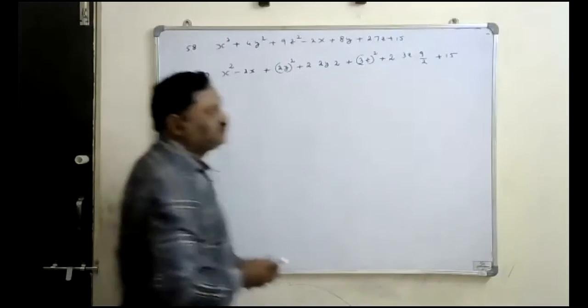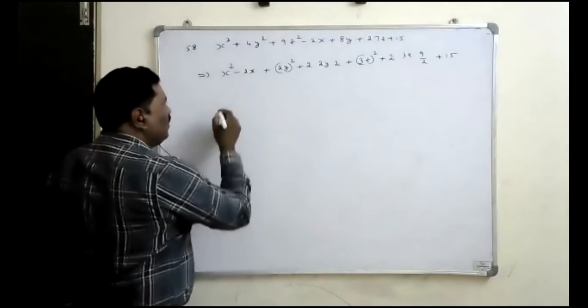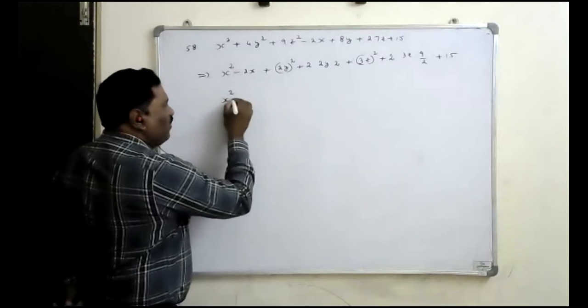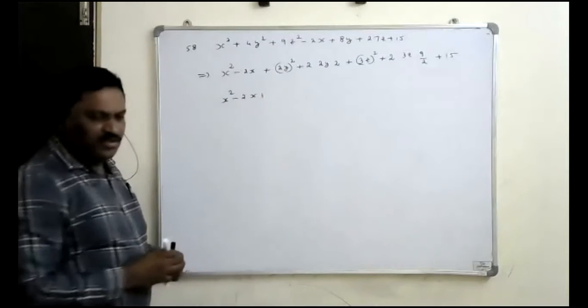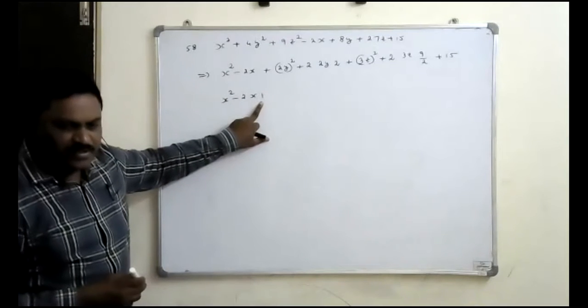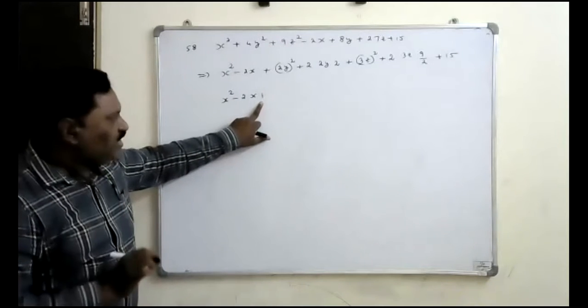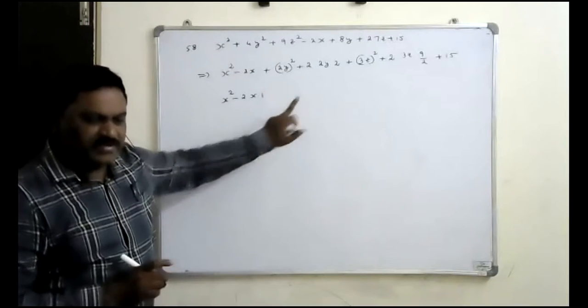Now, if you observe the first two terms, it is x squared minus 2 into x into 1. It is in the format of a square minus 2ab form. If you want to express as a perfect square, I want the b square term which is not there, so add it and subtract it.